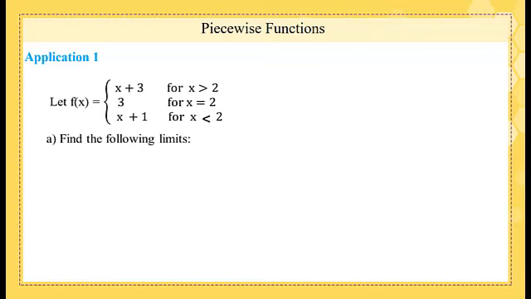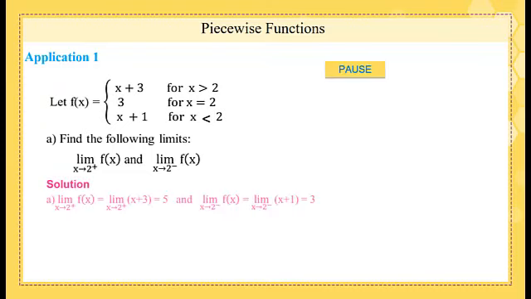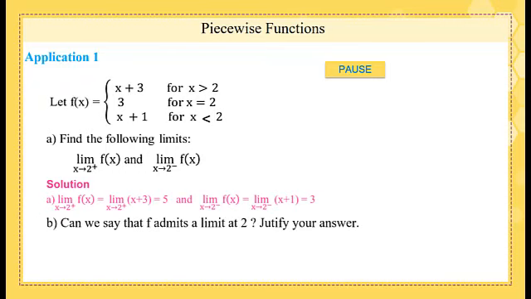Find the following limits, but please stop your video to find these limits. The second question: can we say that f admits a limit at 2? Justify your answer and pause your video to answer this question.